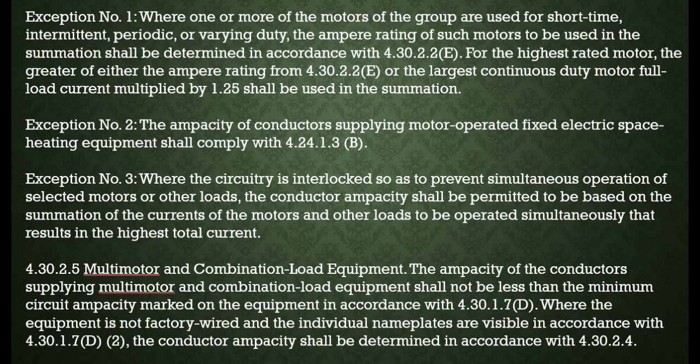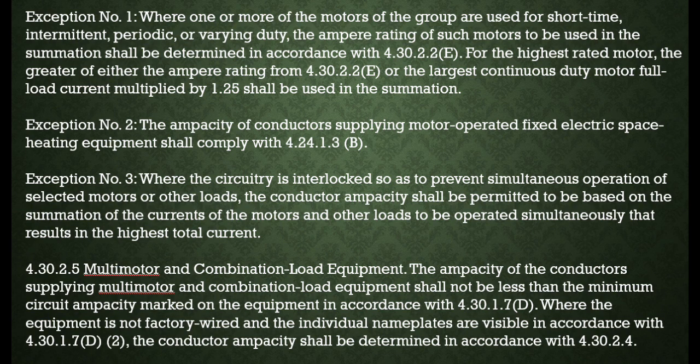And when calculating conductor ampacity, consider these exceptions. For short-time duty motors, use the ampere rating from 4.30.2.2e or 1.25 times the continuous duty full load current, whichever is greater. Conductors for motor-operated space heating must comply with 4.24.1.3b.